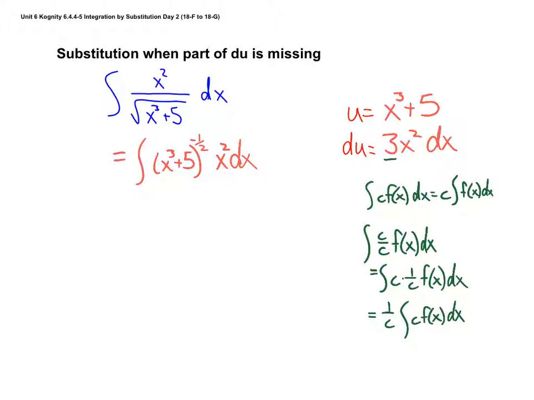So guess what I'm going to do? I'm going to multiply by 1. I'm going to multiply by 3 over 3, but the numerator I'm going to put in here, and the denominator I'm going to put out here. Isn't that what we were doing before?